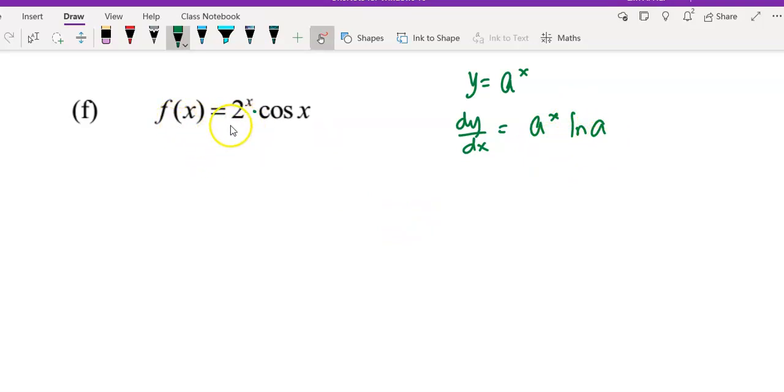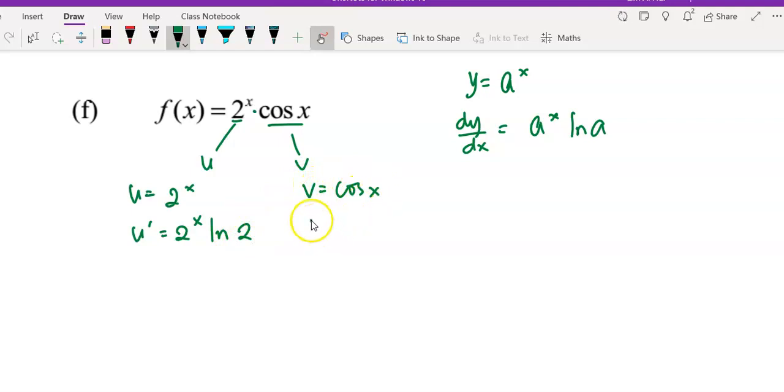Now I'm going to take this as u and this function as v and apply the product rule. To apply the product rule, you need the u prime, which is differentiate 2 power of x. You have 2 power of x log a, where a is 2, and v equals cos x. v prime will be negative sine x.